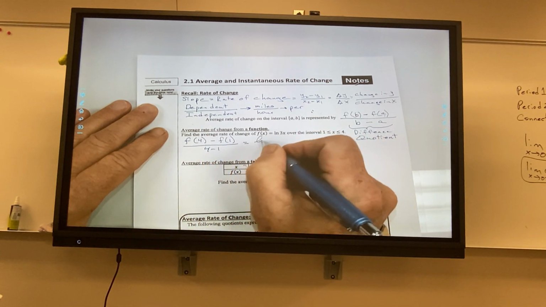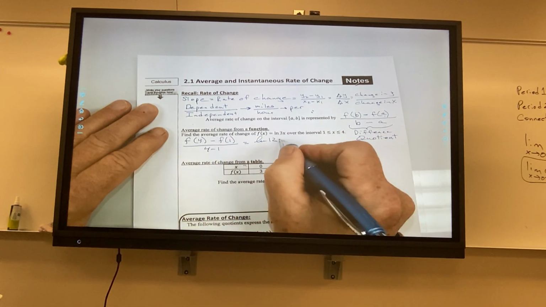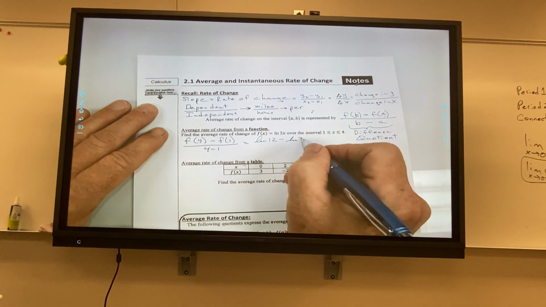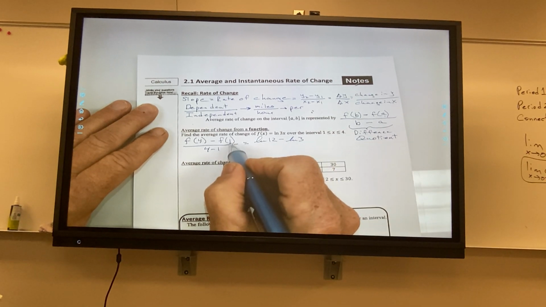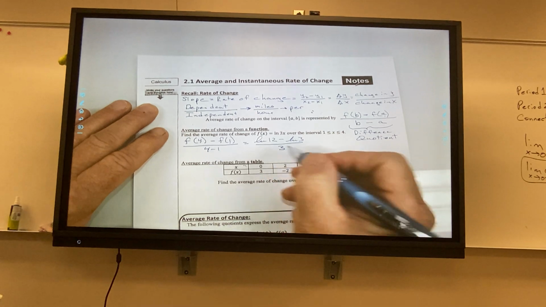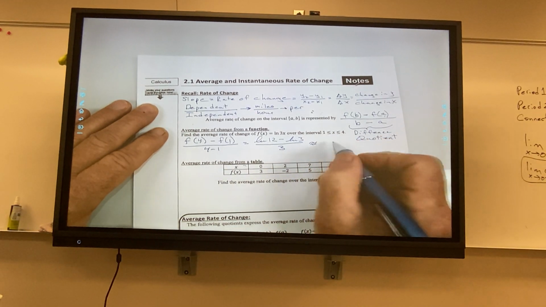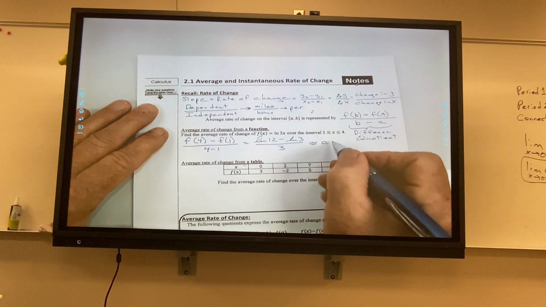I got the natural log of 12, because 3 times 4, minus the natural log of 3, because of 3 times 1, divided by 3, and I got approximately 0.462.